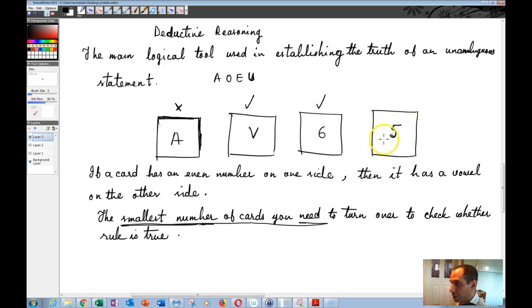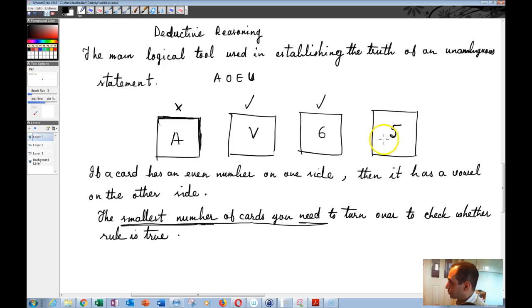And well, on this side of this card I have an odd number. So if on the other side of this card, for example, I have a vowel, still this rule has nothing to do with it, so the rule is not broken.